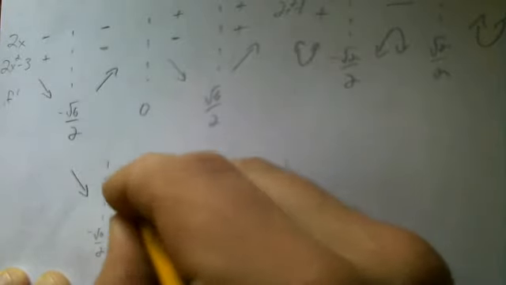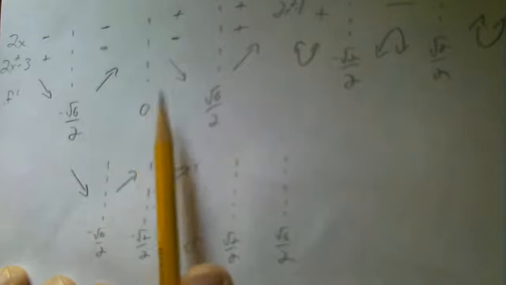And what we're going to do is put all of our rise and fall patterns onto this chart with its corresponding concavity. So according to our rise and fall pattern, we were decreasing until we got to negative radical 6 over 2. Decreasing. We were increasing until we got to 0. Here's 0, so we're increasing on both of these intervals.